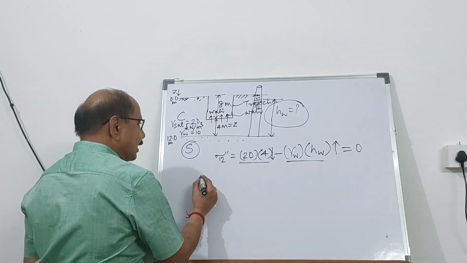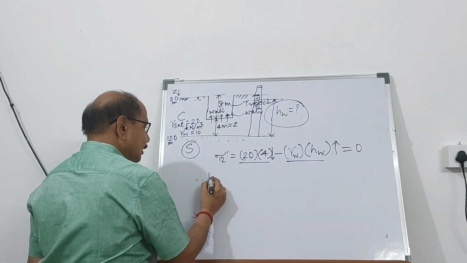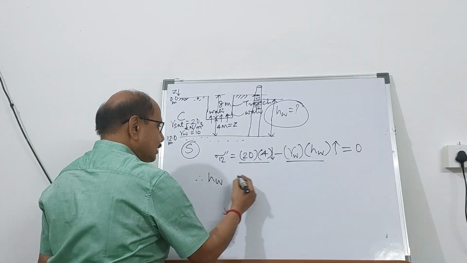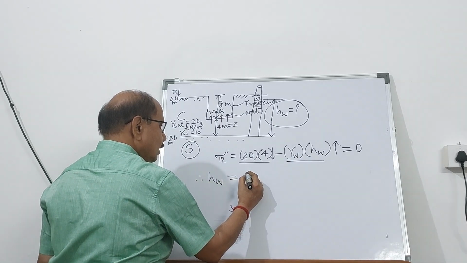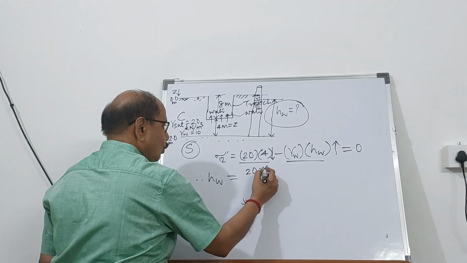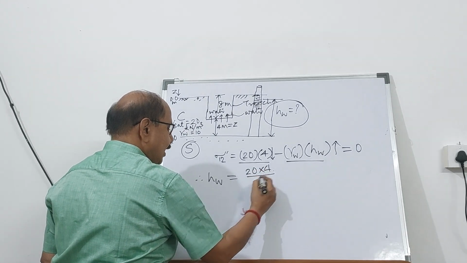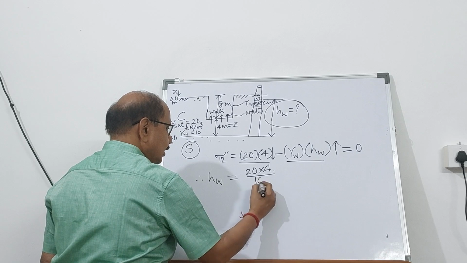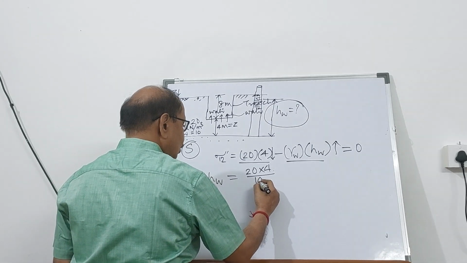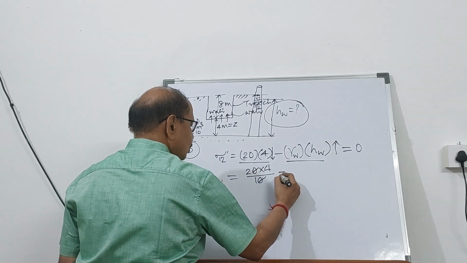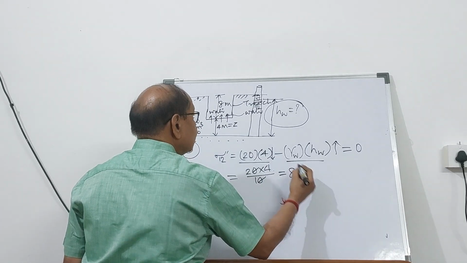Therefore, I can say that h_w from this is going to be 20 into 4 divided by gamma_w, that is 10. So this goes out, this becomes 8 meter.